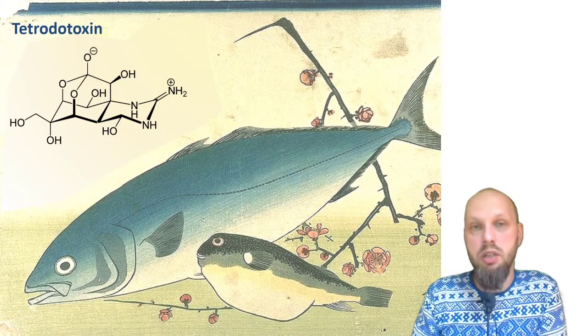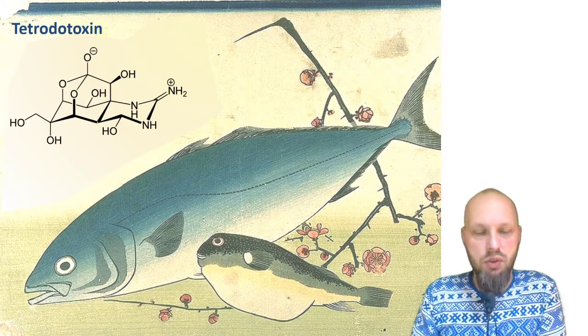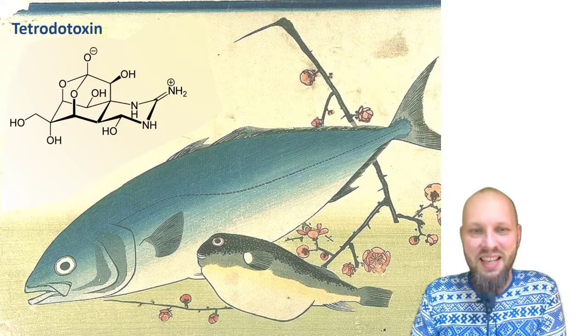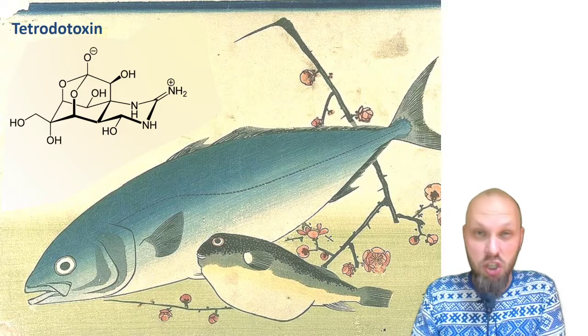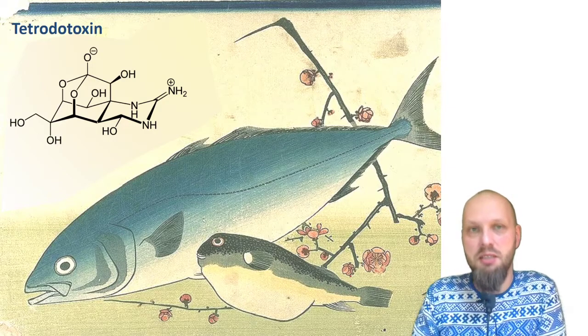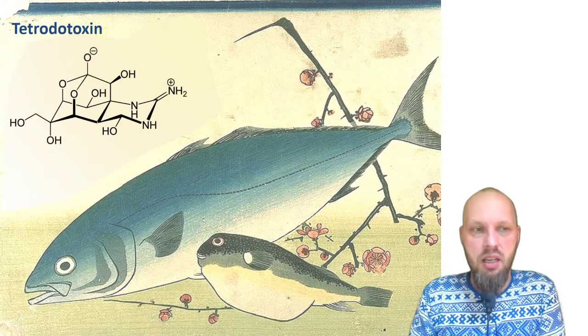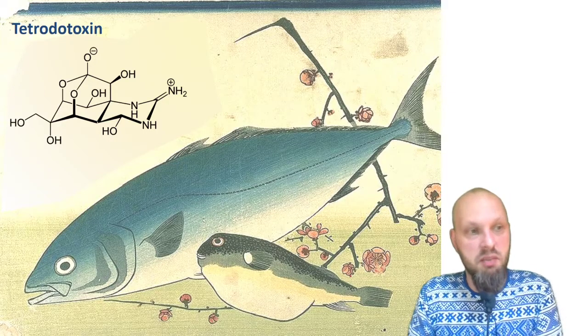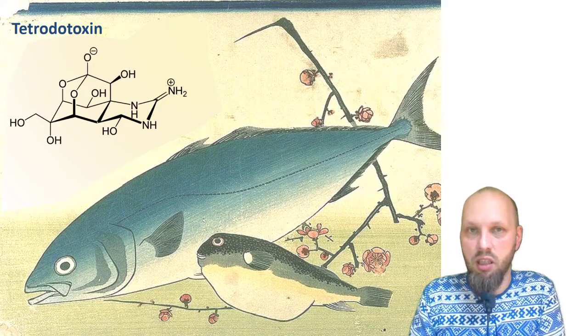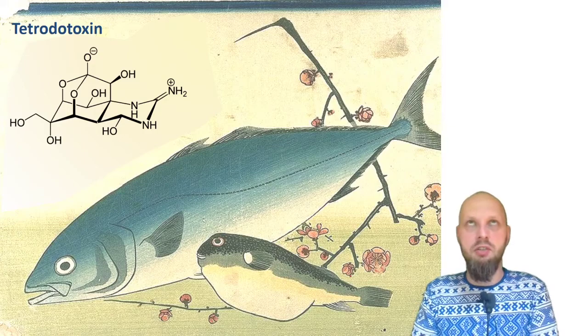It's very poisonous, and if you eat it, you die. But the poison is actually not in the flesh, not in the meat, but in some other structures in the body. So in theory, it's possible to cook it, to carve it in such a way that the meat gets separated from the poison. And so there are specially certified cooks that can cook it. And for some reason, people keep eating this fish because allegedly it's very tasty.